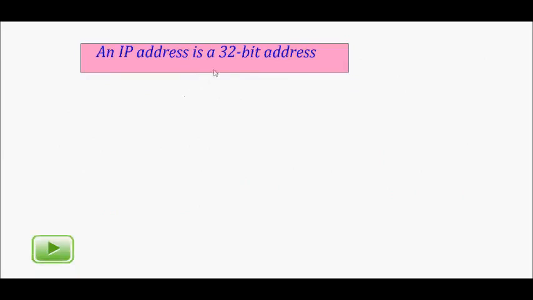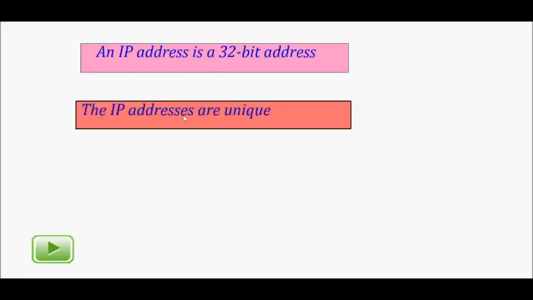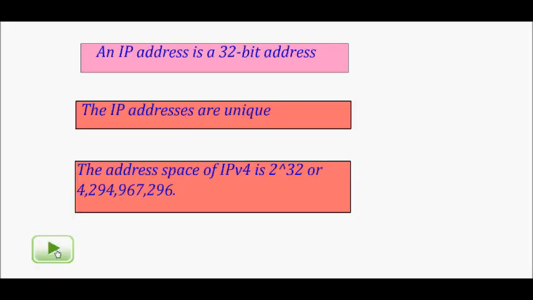Let's move forward. An IP address is a 32-bit address. What is the size of an IP address? It's a 32-bit number, and IP addresses are unique, as we saw.